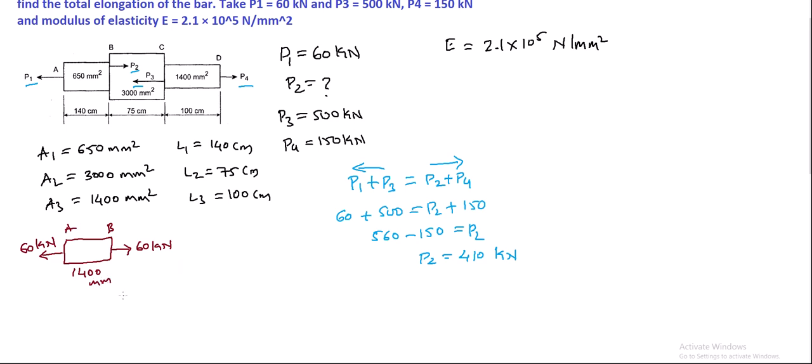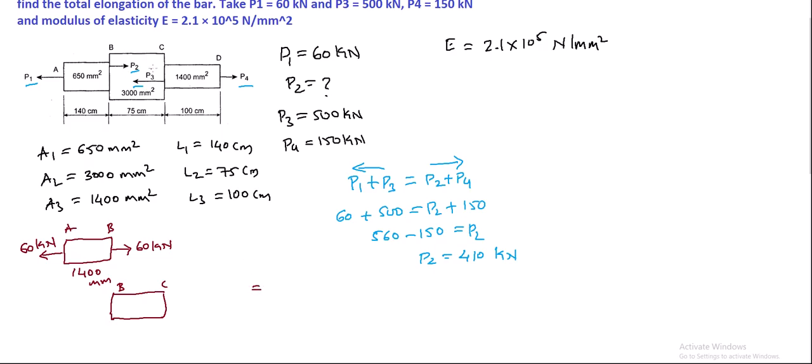Now element BC is to be observed, right? For element BC, I need to know how much total load is acting on each face of element BC. For that I will take the sum.